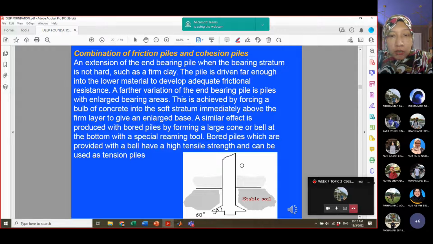But another problem in the bore pile is segregation. You will see that when pouring concrete into the hole, some honeycomb can occur in the concrete formation. So try to avoid that formation by doing a slump test at the early stage before you pour the concrete into the ground.